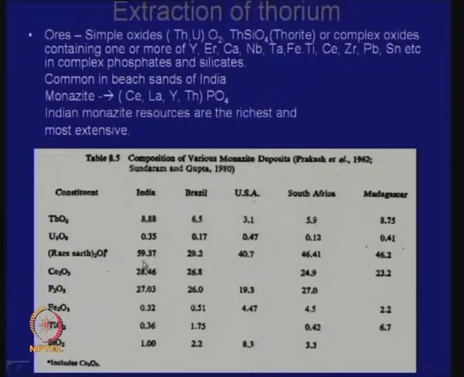There are lots of rare earths. Rare earths are very important elements. Actually, rare earths go for making flints. The lighters you have, they are made of rare earth materials, metals. There is Ce2O3, P2O5, Fe2O3, TiO2 and silica.